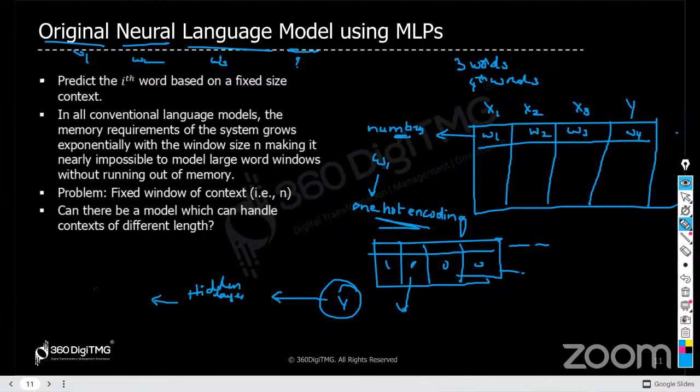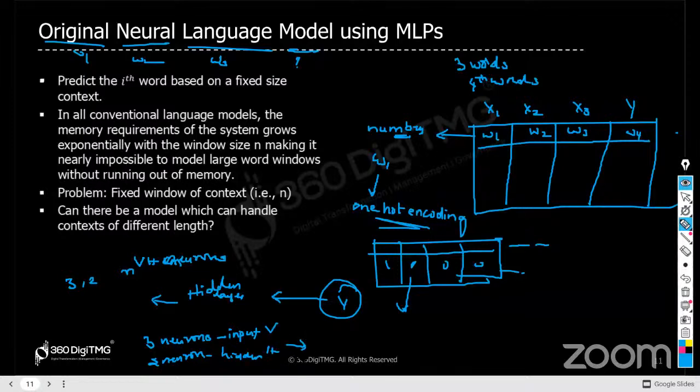If you have 3 neurons in your input layer and 2 neurons in your hidden layer, how many connections will you have? Imagine this is V and this is H. Three twos are six, so you will have V times H connections, or N times V times H. And the output layer size would again be V. For every word, you will get the probability as output.